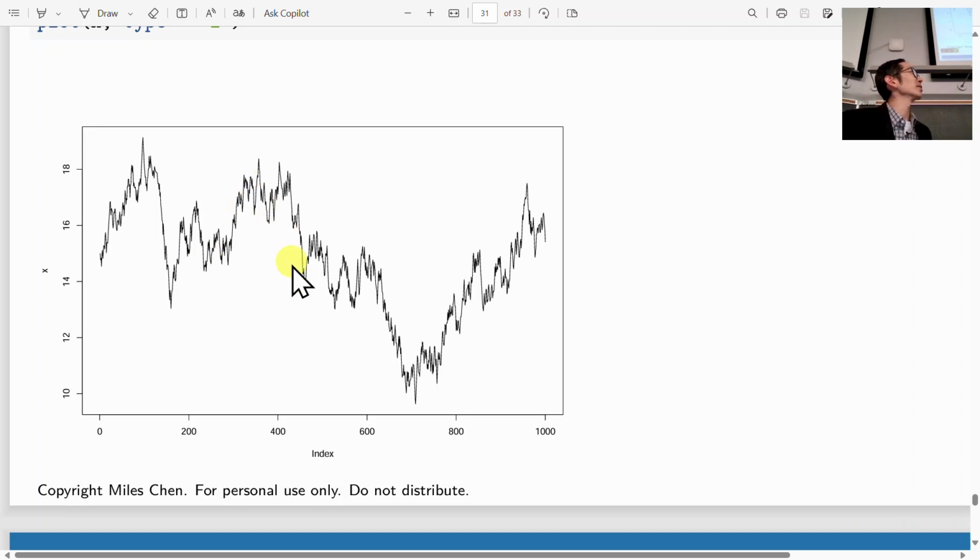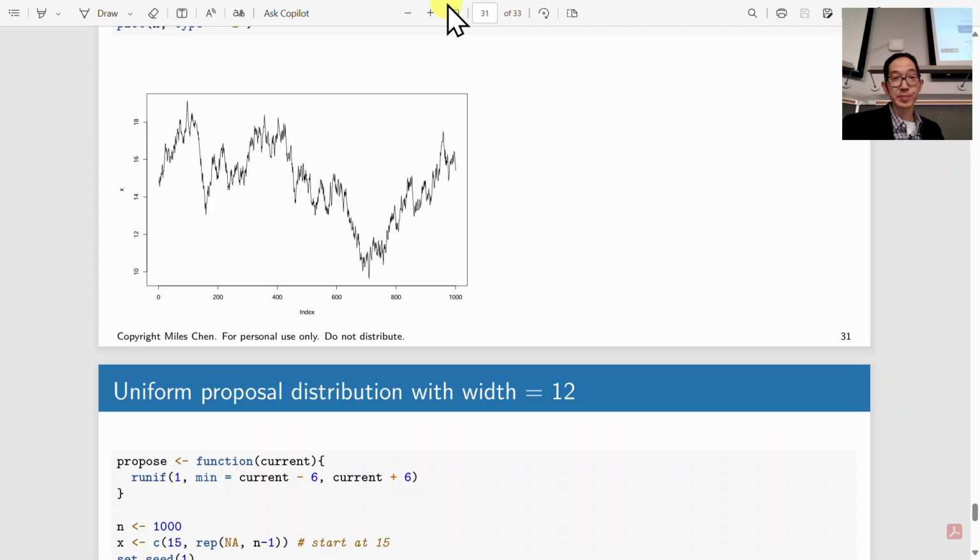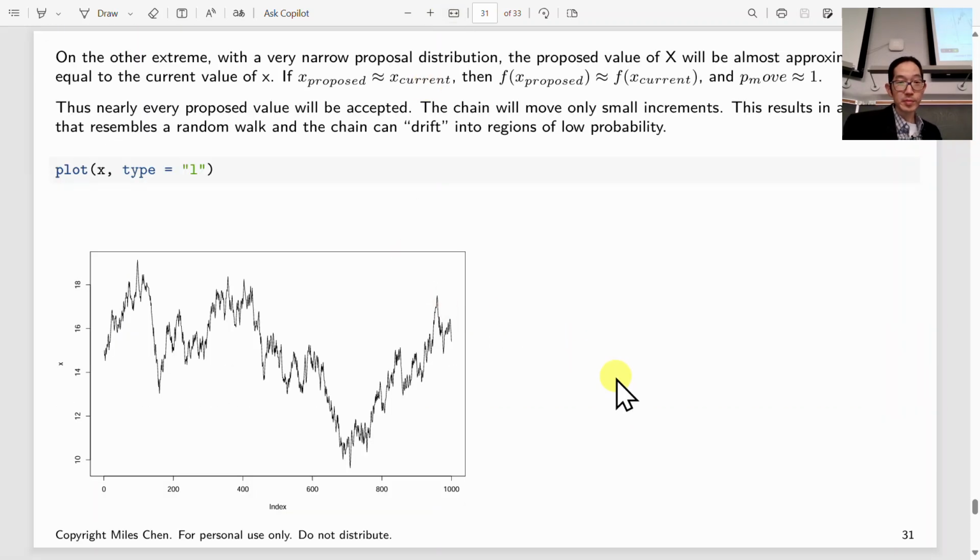And so the values that I generate look kind of like this, like some wild stock going up and down, small moves at every iteration. Nearly every proposed value gets accepted, and the chain only moves in tiny increments.